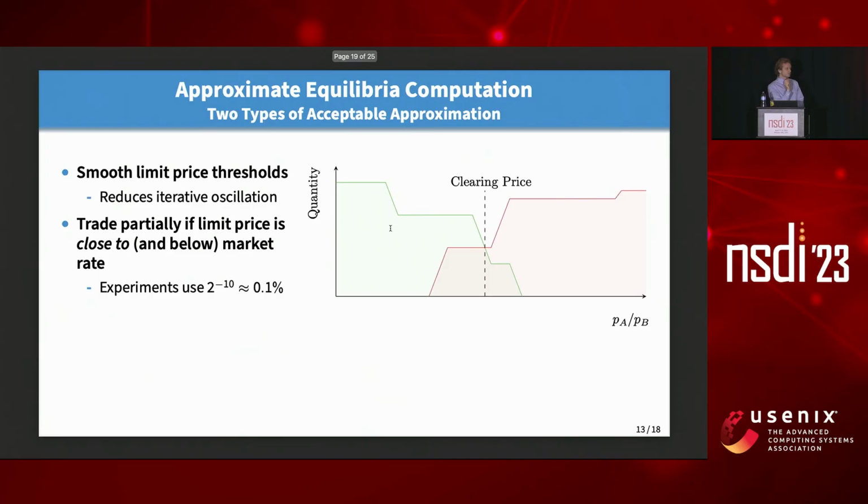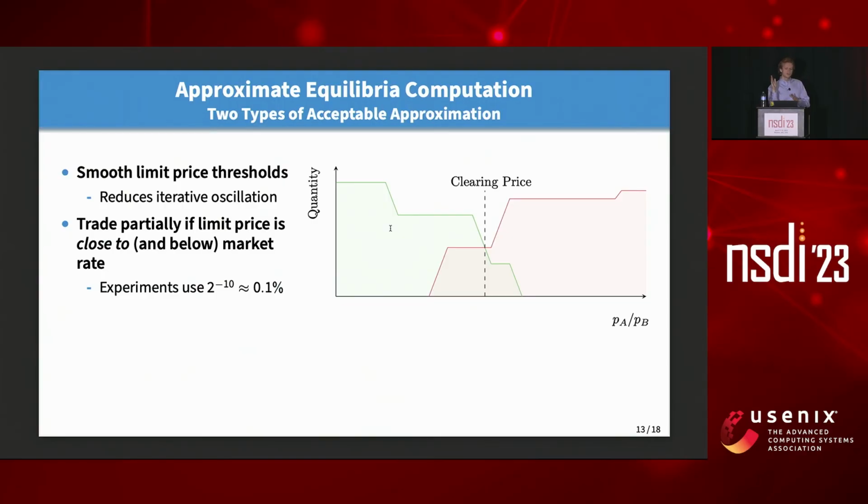So the first thing we're going to do is smooth the limit price thresholds. There's an edge case here, which is that even at exact prices, if your limit price is exactly equal to the market price, then maybe your offer trades, maybe it doesn't, or maybe it partially trades. This is how things work in a traditional exchange as well.